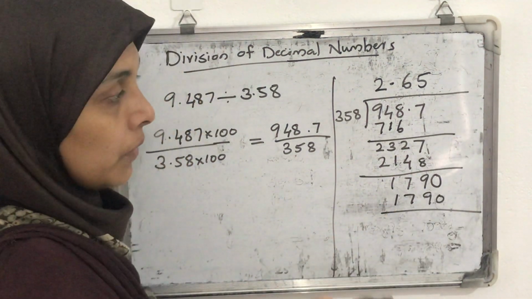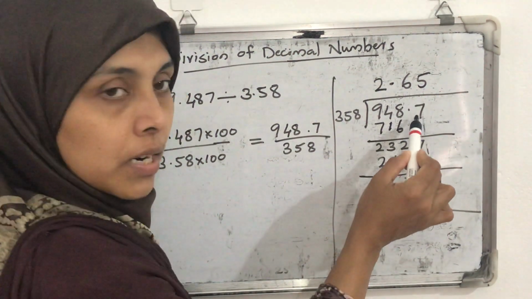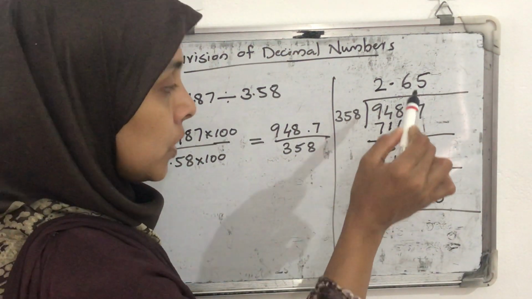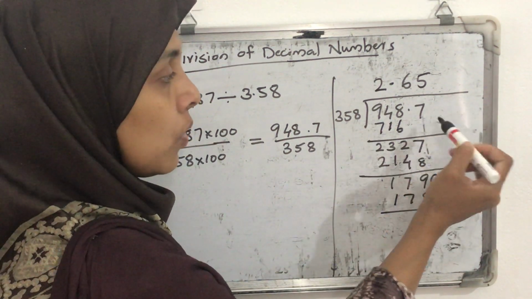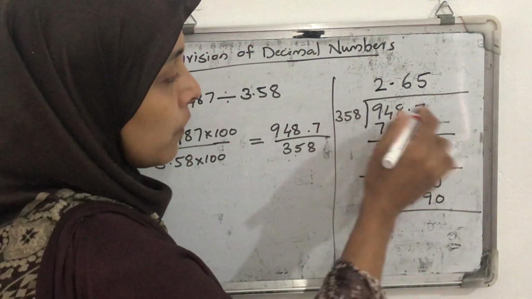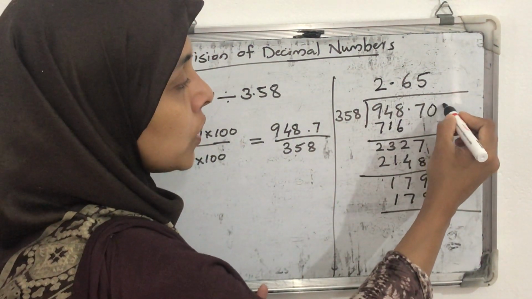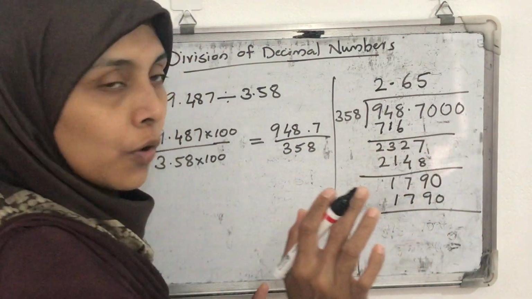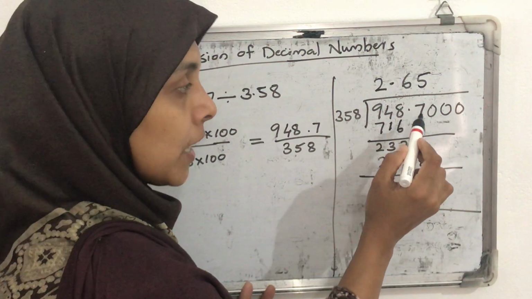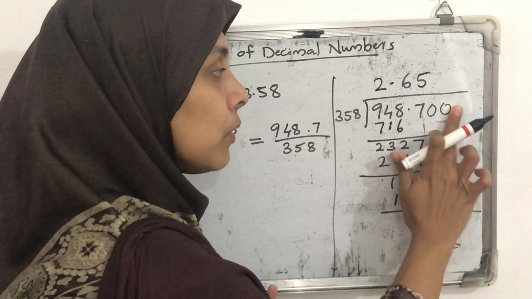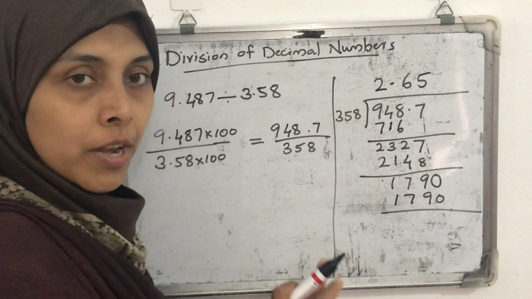1790. After the decimal point, you look, here there is only one digit 7. But to complete this division, we can add zeros here. It will not make any difference to the number, because after the decimal point, if you write any zeros, there will not be any change in the value. The number is 948.7 even now. If there are no zeros also, how do we read that number? 948.7.